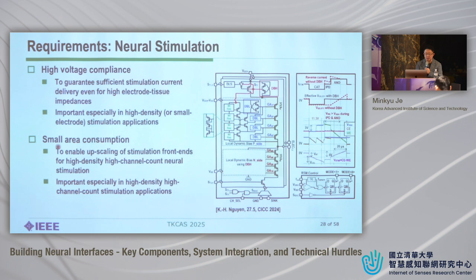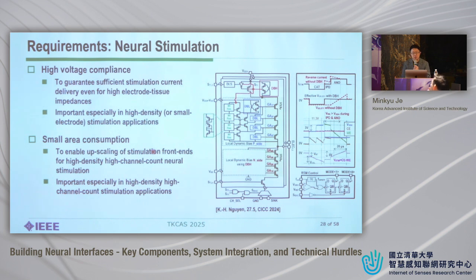And again, for a more scalable neural interface front end for future applications, most probably the number of stimulation channels will be smaller than the number of recording channels, but to some extent, the stimulation front end should be scalable as well. So how we can minimize the area consumption will be an important challenge for the neurostimulation front end as well.